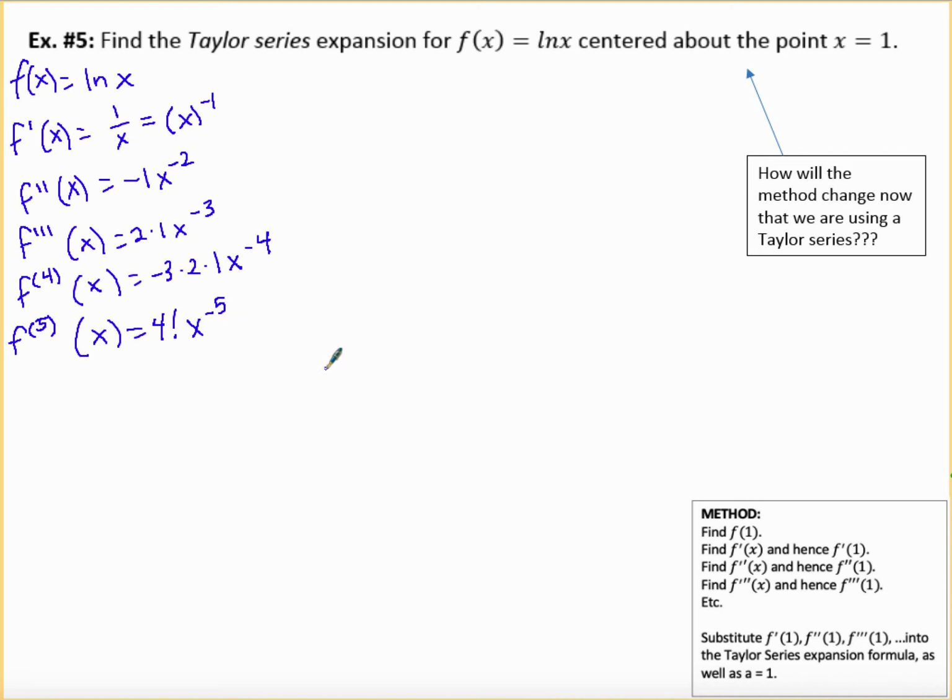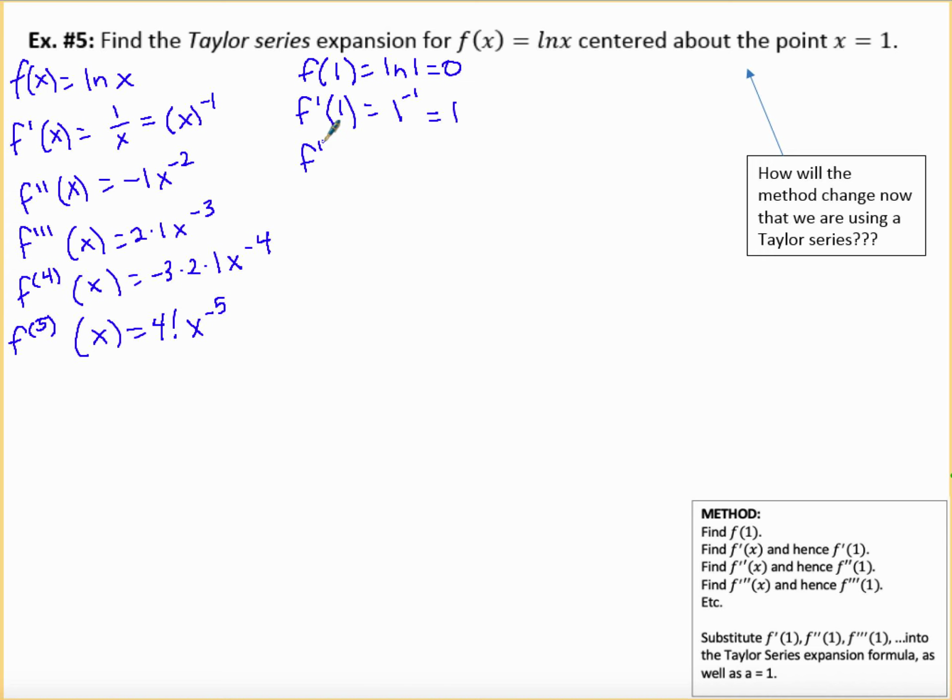Okay, so now we're going to calculate these values about what we're centered at. So I'm not going to do f of 0. I'm going to do f of 1. So that's going to be the natural log of 1, which is 0. Hopefully you knew that. First derivative at 1, well, that's going to be 1 to the negative 1 power, which is 1.